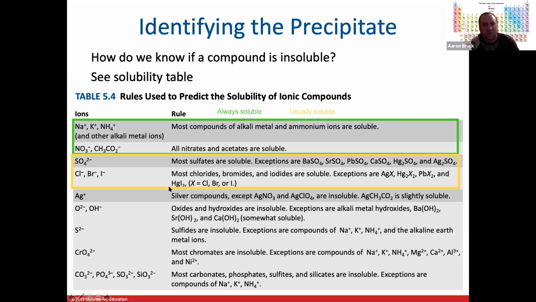So sulfates, chlorides, bromides, iodides, these are usually soluble in water. There are some exceptions to them though. For sulfates, we're talking primarily about lead and mercury, silver, but also some of your alkaline earth metals, calcium, barium, strontium.